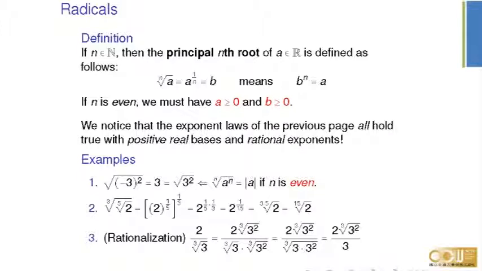The third example is to rationalize the denominator. Here the quantity is 2 over the cube root of 3. We have a cube root of 3 in the denominator.